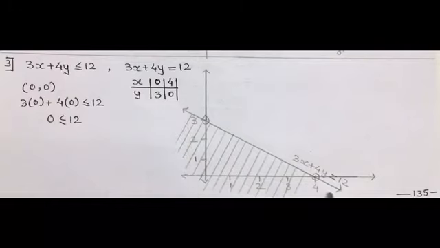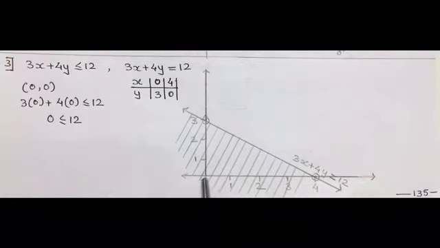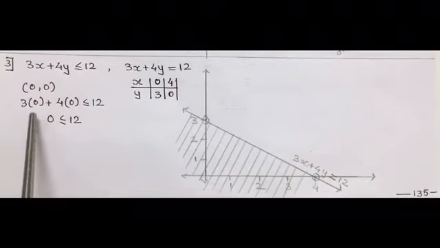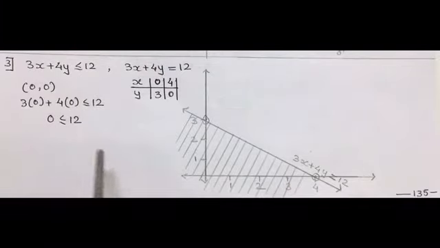After drawing the line, to decide which part is the solution, we will take 0, 0, that is the origin, as the point and put it in this inequality. Putting it in the inequality, we get 0 less than or equal to 12.